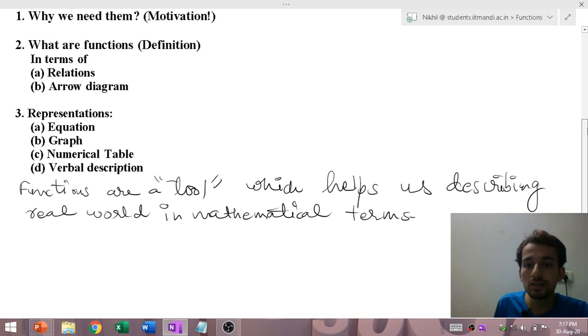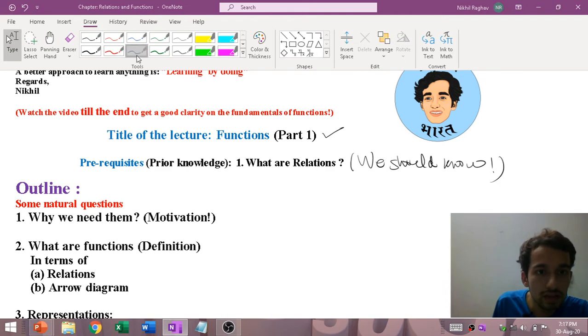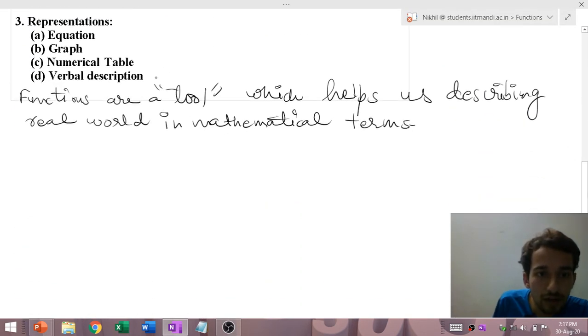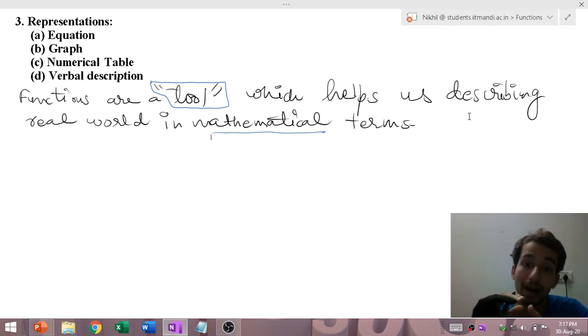Basically, functions are a kind of tool for us, a tool which helps us in describing the real world in mathematical terms. Because if we are able to analyze any situation going on in the real world mathematically, then we can make some good analysis over this.